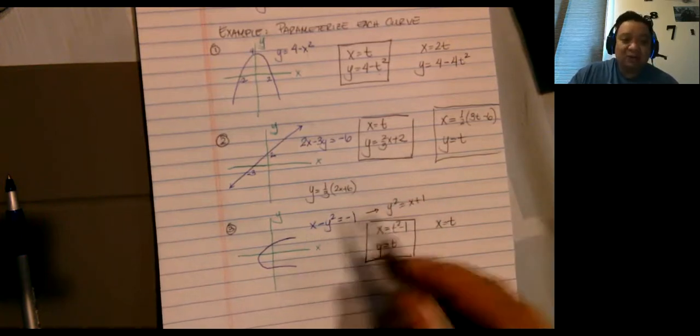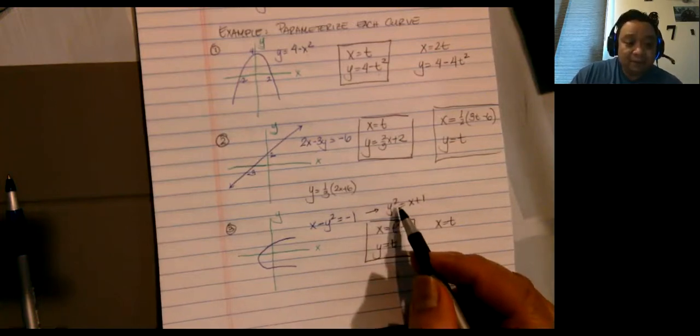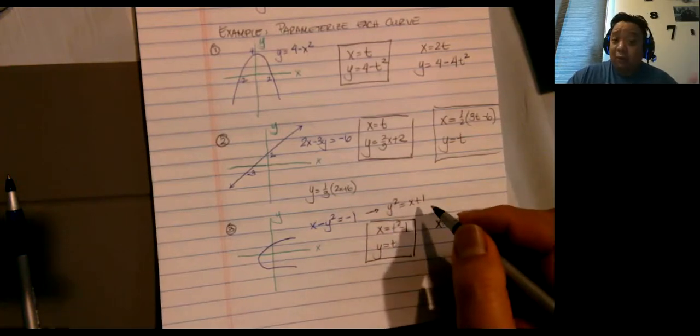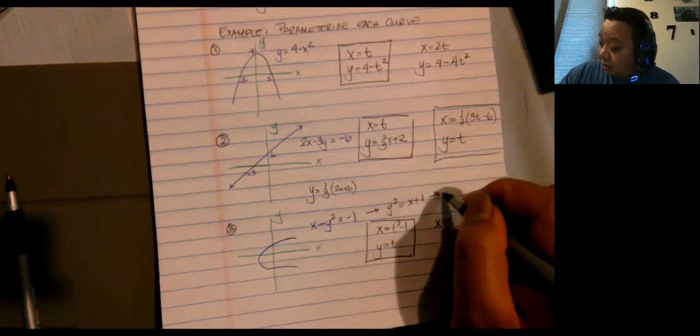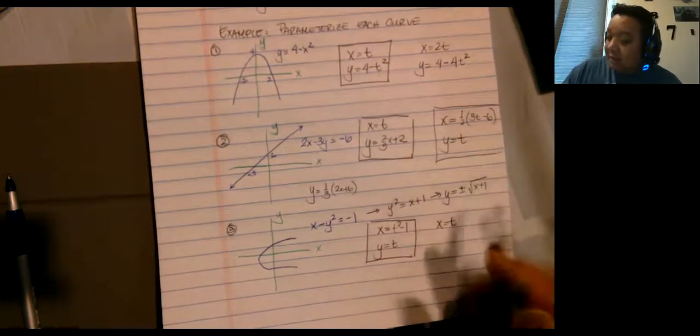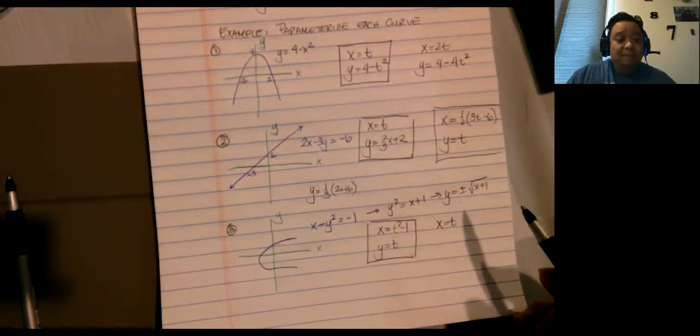You move the x over and then multiply by -1. And then how do I get rid of the square? Square root. But remember, when you do square root, there's a plus or minus. The plus or minus means there are two sets of parametric equations.